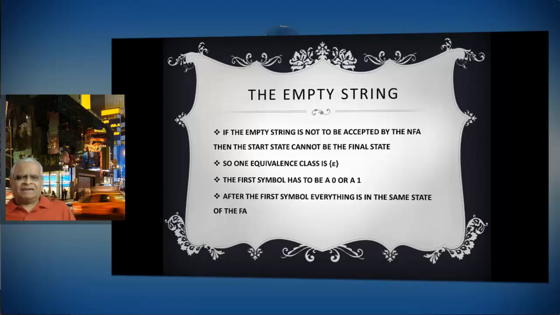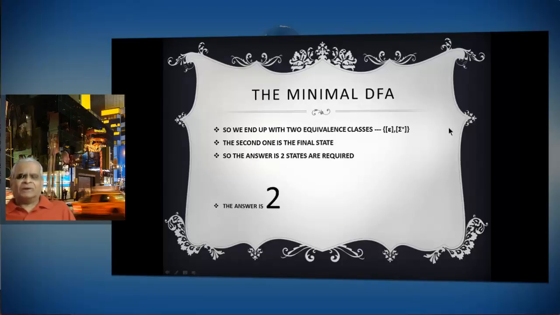So we'll require one more equivalence class. The equivalence classes are therefore epsilon and all strings but for epsilon. The second one is a final state. So the answer is 2 states are required for the finite automata. The first state is non-final, the second state is final. So the answer is 2.